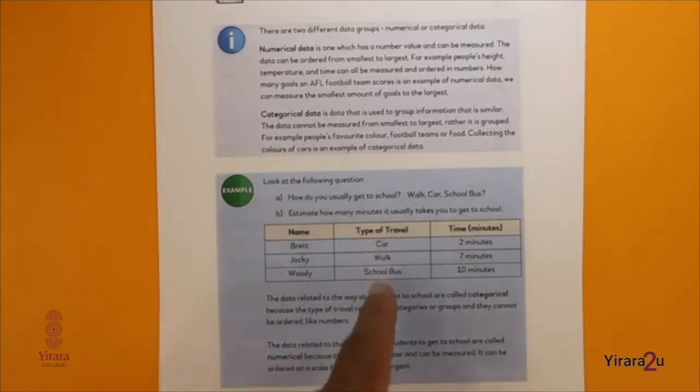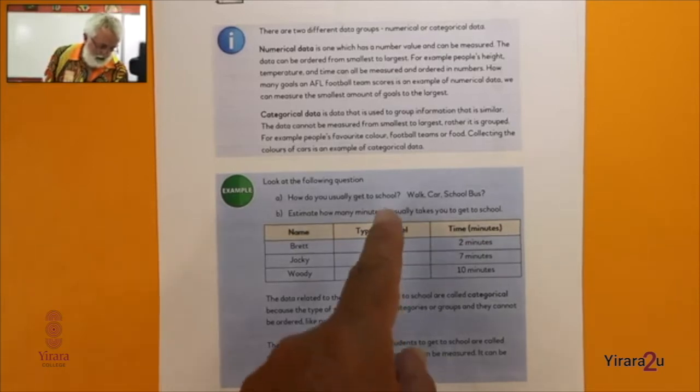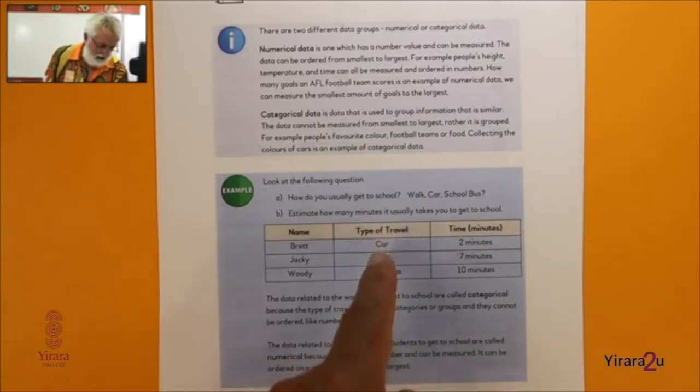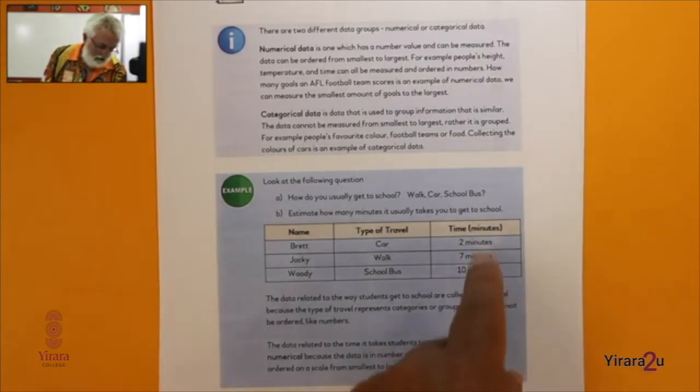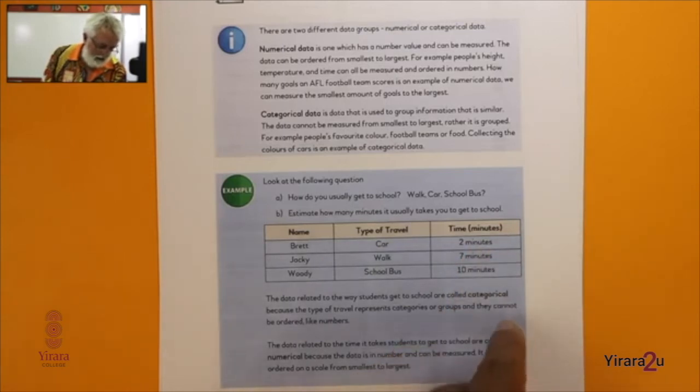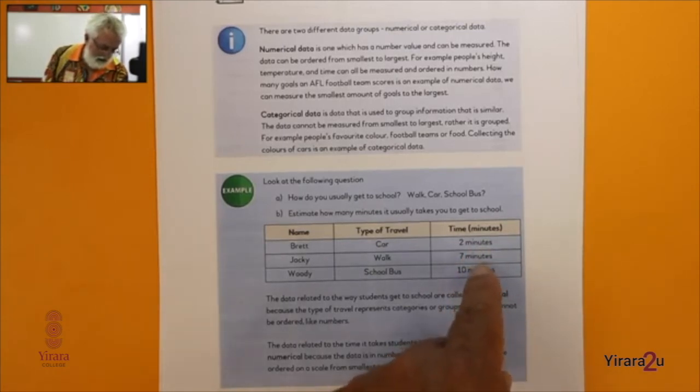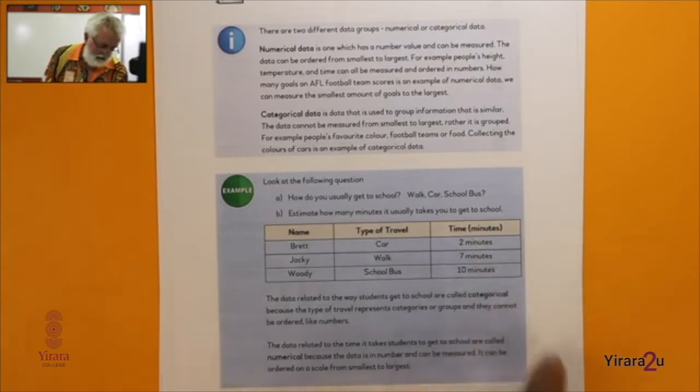This is categorical data, that we know there are 3 ways that these students travel to school. But numerical data tells us the time it takes. And from that numerical data, we know that a car is the fastest way, walking is the second fastest, and the bus is the third fastest.